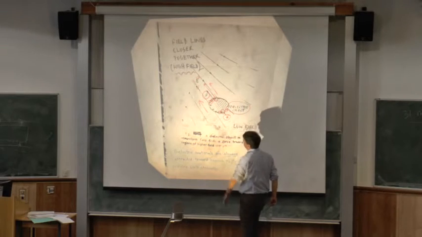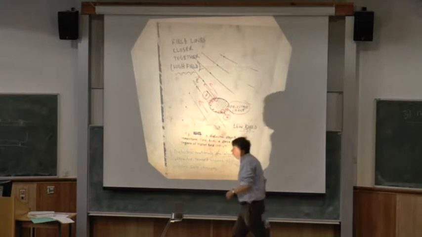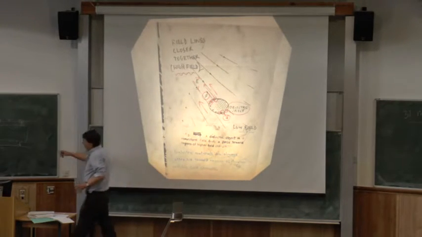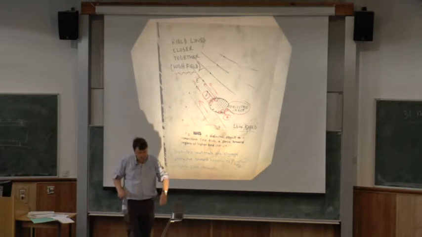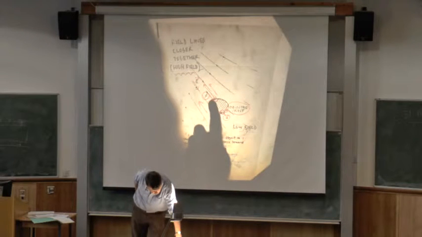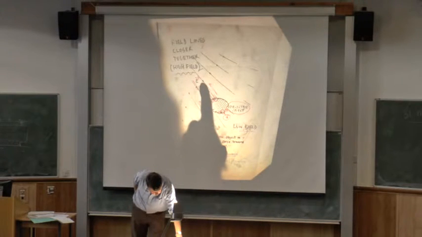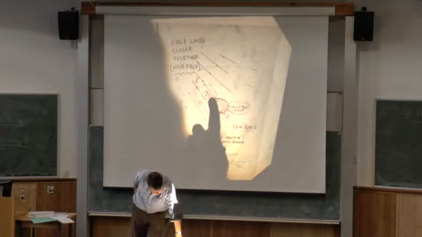But in this case, we don't get the neat cancellation that we got in a parallel plate capacitor, because the negative charges on this side of the object are in a region of higher field strength. These electric field lines are spreading out.